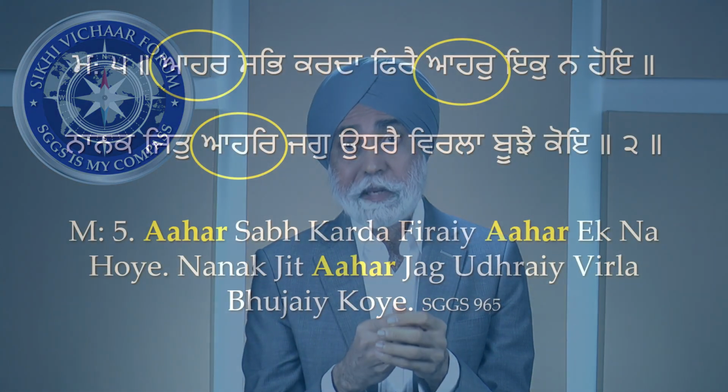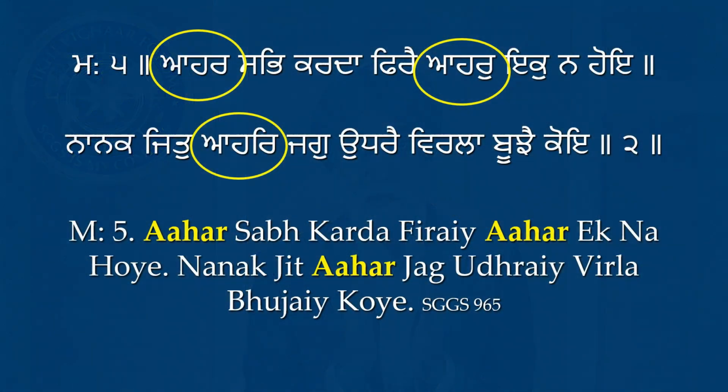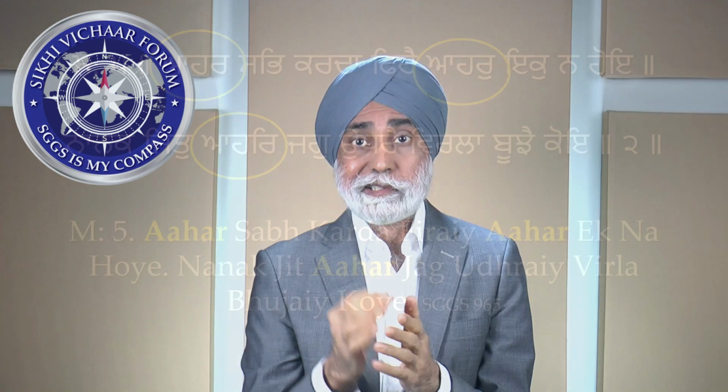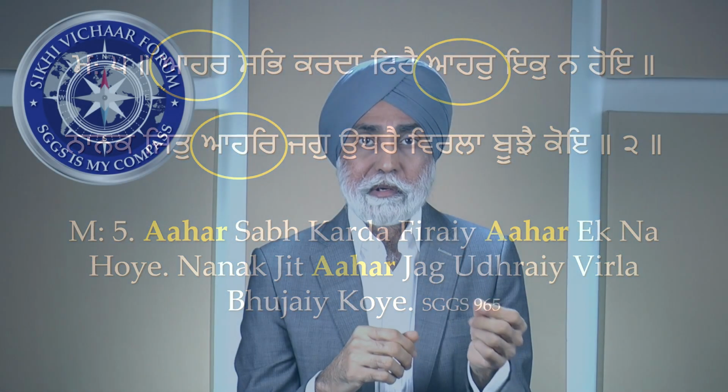The first is spelt with the rara being mukta, meaning no vowel is added to the rara. In the second instance, the rara has an onkad added. In the third one, the rara has a sihari added to it. The onkad and the sihari are not for pronunciation purposes.